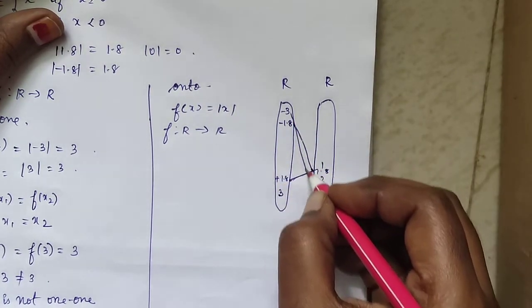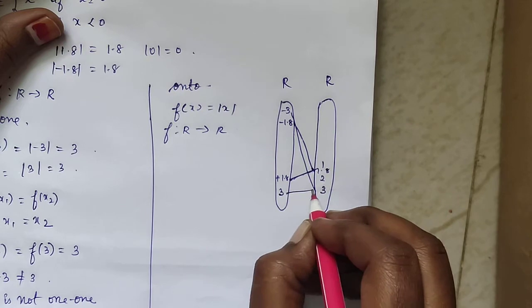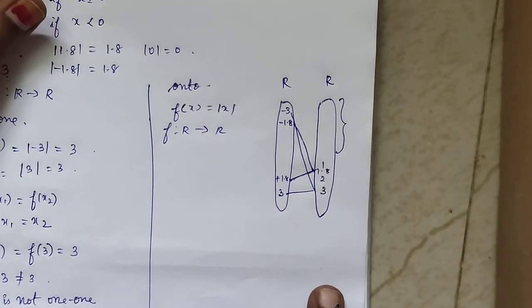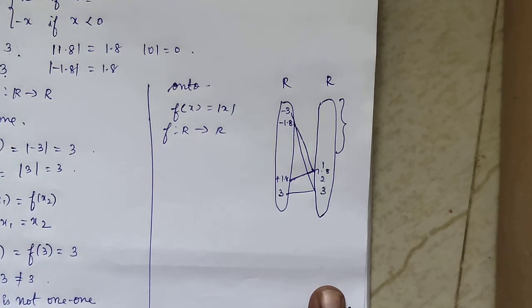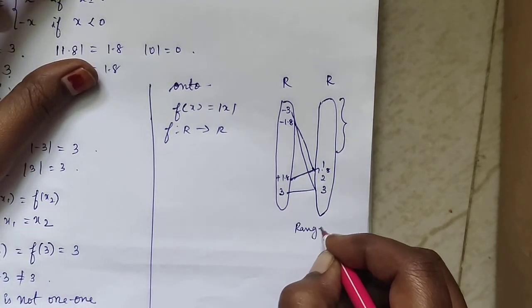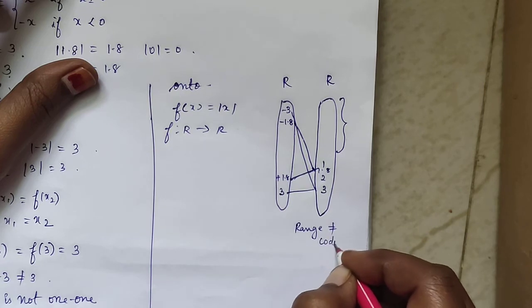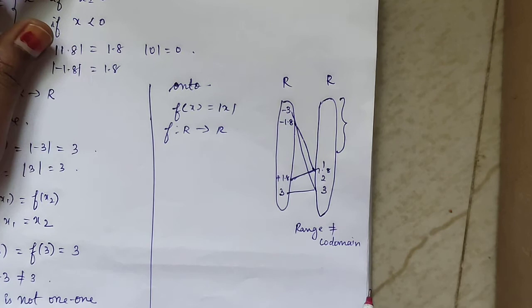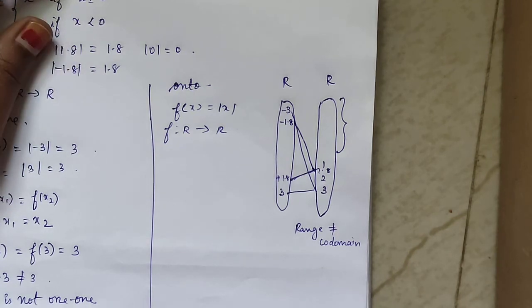For minus 3 it is 3, for plus 3 also it is 3. All the negative numbers will be there which do not get involved in mapping. Therefore, the range is not equal to codomain. If the range is not equal to codomain, directly we can say that this is not an onto function.